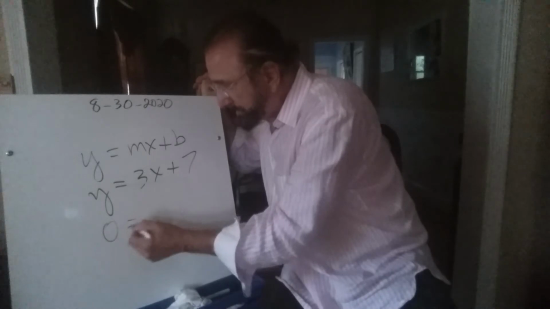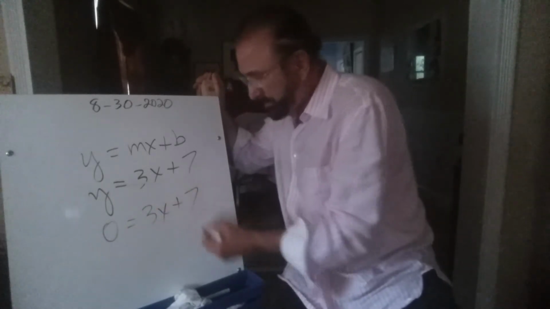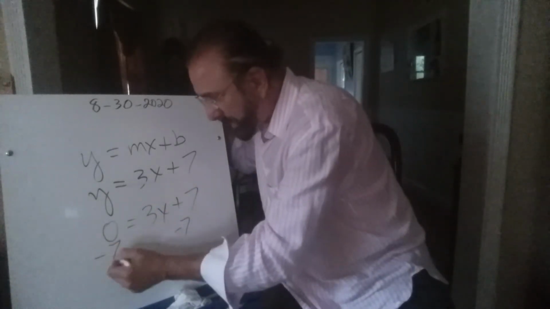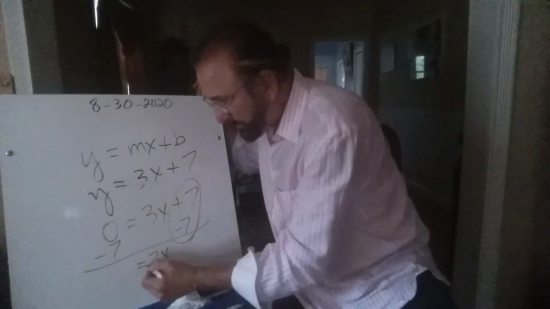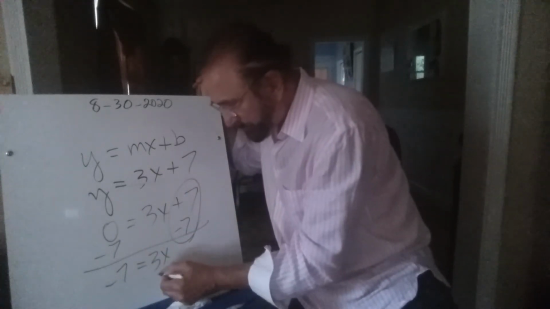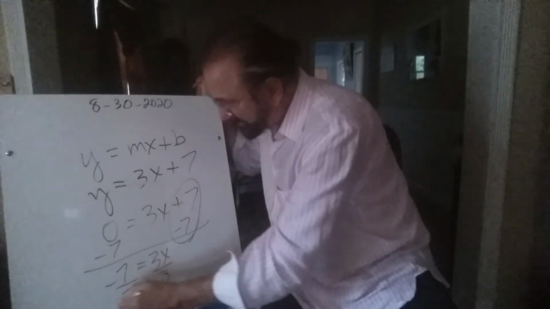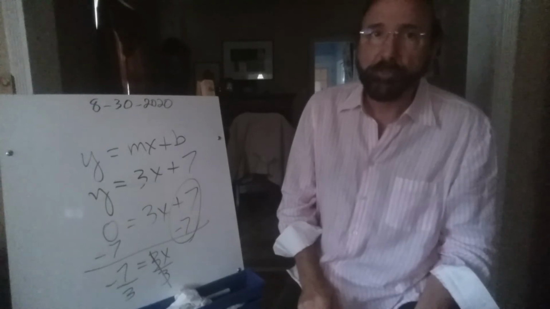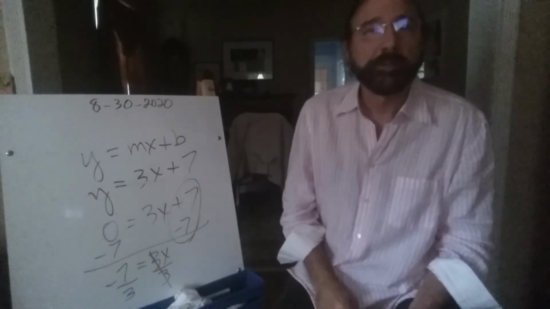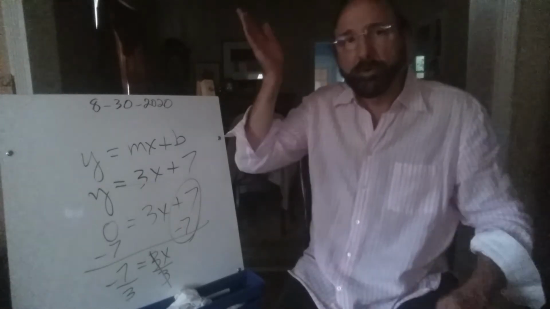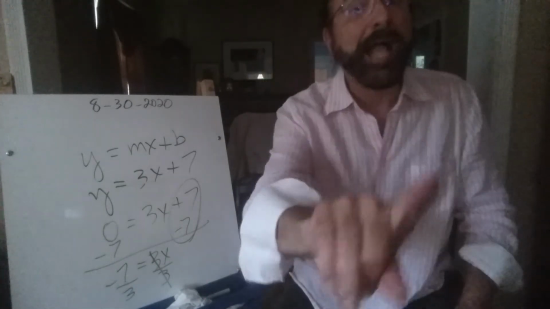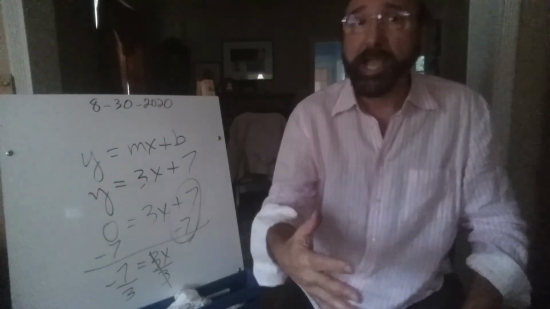I make y 0 here: 0 equals 3x plus 7. Subtract 7 from both sides. I get 3x equals -7. Divide both sides by 3. It's not pretty, but x is -7 over 3, -2 1/3. So -2 1/3 would be where this line crosses the x-axis, not the y-axis.